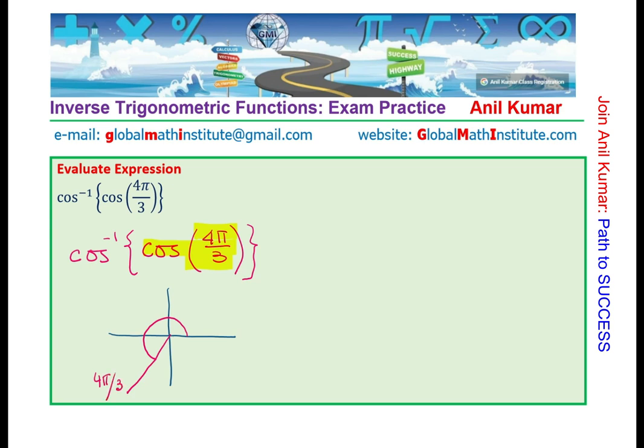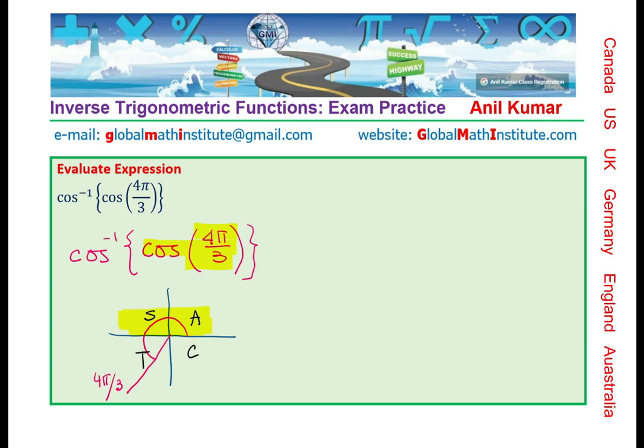Now, as you know, the cos inverse function is actually defined in quadrants 1 and 2. Since 4 pi by 3 lies in quadrant 3, the first step should be to write this as an equivalent trigonometric ratio with the angle in quadrant 2, because using the CAST rule, you know that we have a negative value, right?